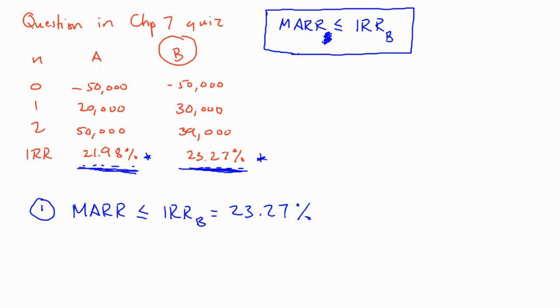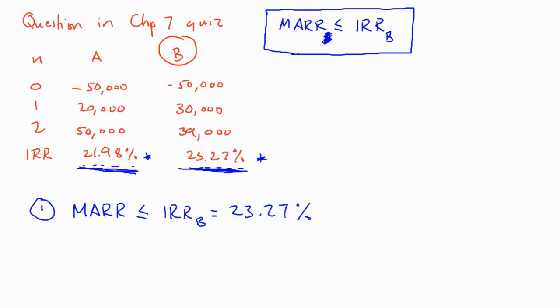But in this case, we actually need to find the MAR value, so we can't exclude anything here. We're trying to derive the range of MAR that will make us always choose B. So based on that, should my MAR also be less than or equal to the IRR of A? Is that necessary? Why or why not?